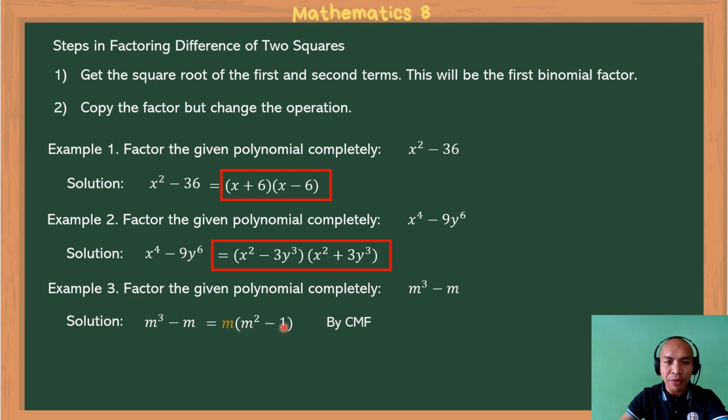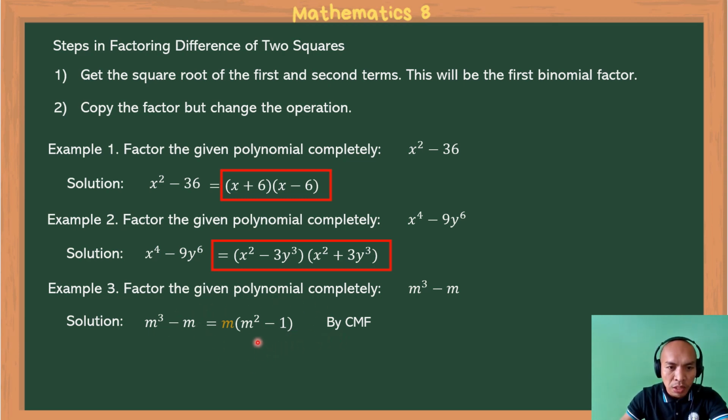To obtain the remaining factor, we divide both terms by the common monomial m. m cubed divided by m, we just subtract the exponents, so that would be m squared. Then m divided by m, a number divided by itself, is equal to 1. So the factored form of m to the power of 3 minus m is m times m squared minus 1. Our factoring does not end here.